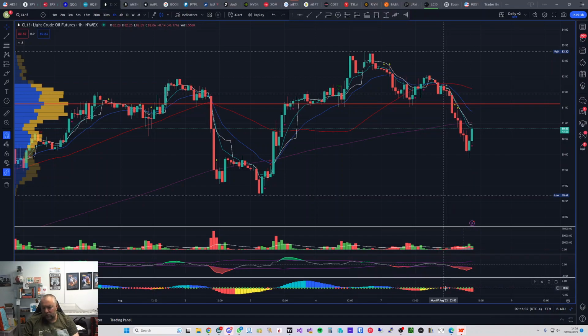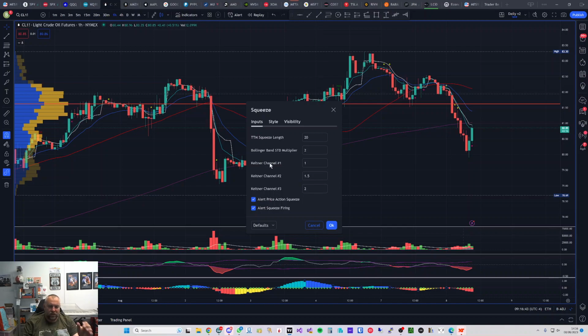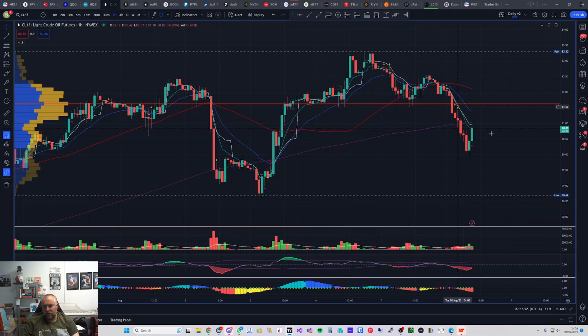So you see the squeeze was starting, and that uses Keltner channels and Bollinger bands, like 2 indicators in one put onto its own indicator. I don't use it as much, but I would use it on the hourly, daily and weekly sometimes, and usually it's good when you're trying to work out when the squeeze is about to happen.